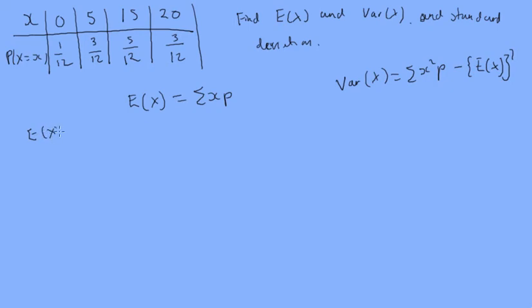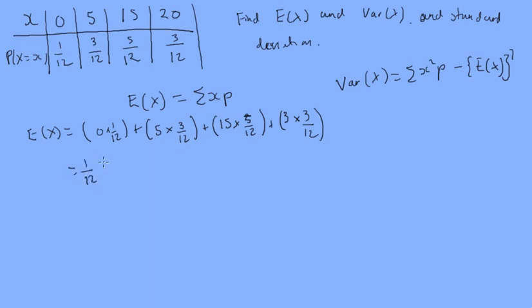Our expectation will be x times p: 0 times 1/12 plus 5 times 3/12 plus 15 times 5/12 plus 20 times 3/12. Now we've got a 12th that we can take out to make things a wee bit simpler: 1/12 times (0 times 1 plus 5 times 3 plus 15 times 5 plus 20 times 3), and that gives us 150/12, which is 12.5.